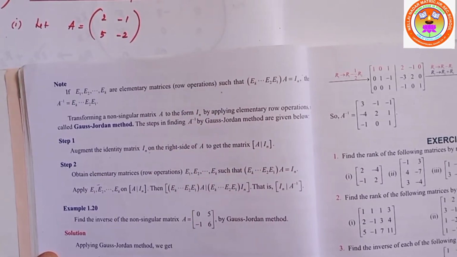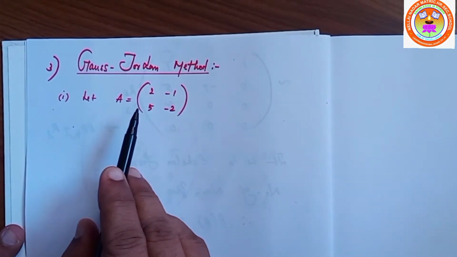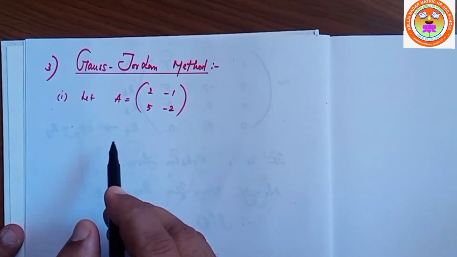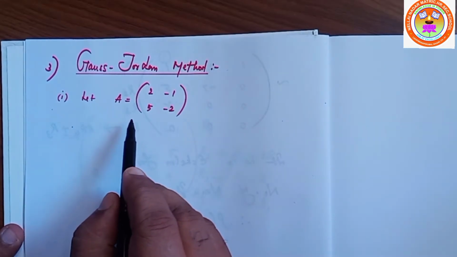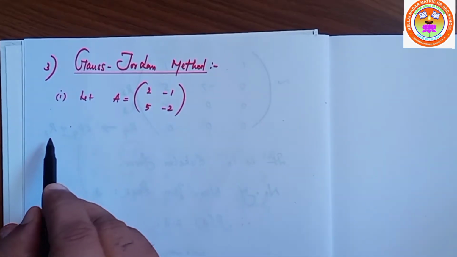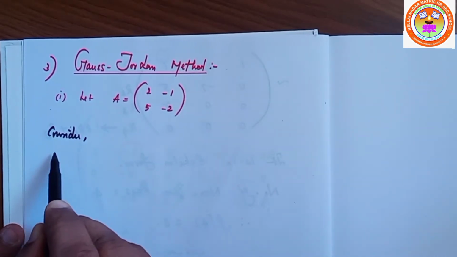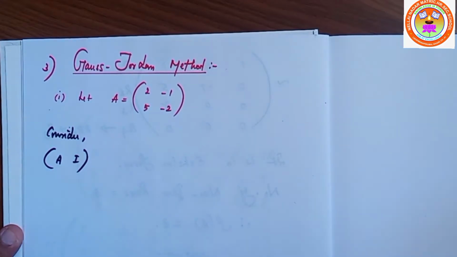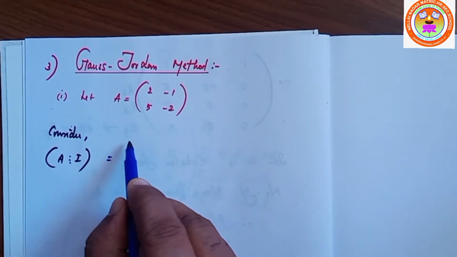Okay, you are given a 2 by 2 matrix. We consider the matrix as capital A. You are asked to find the inverse of the given matrix by Gauss-Jordan method. For that, you have to consider the A matrix and I matrix together.